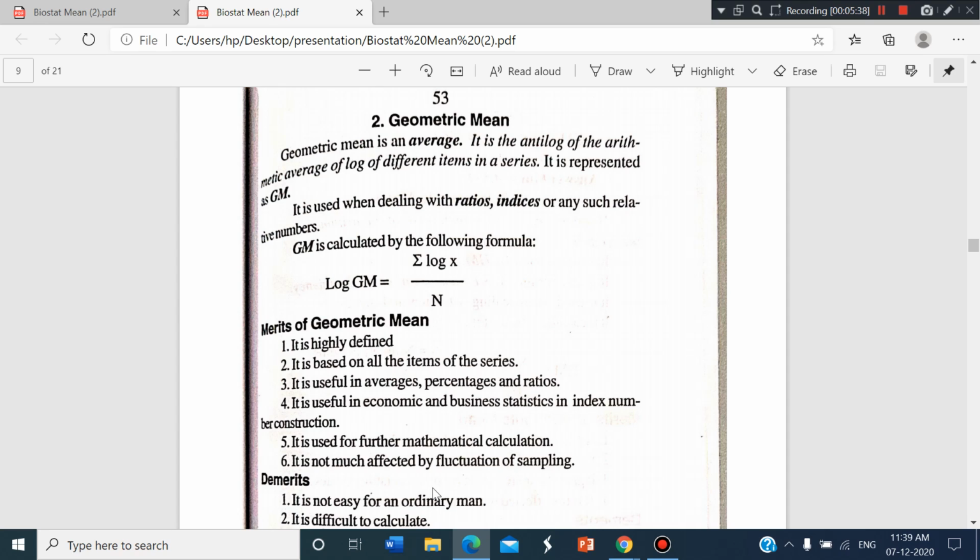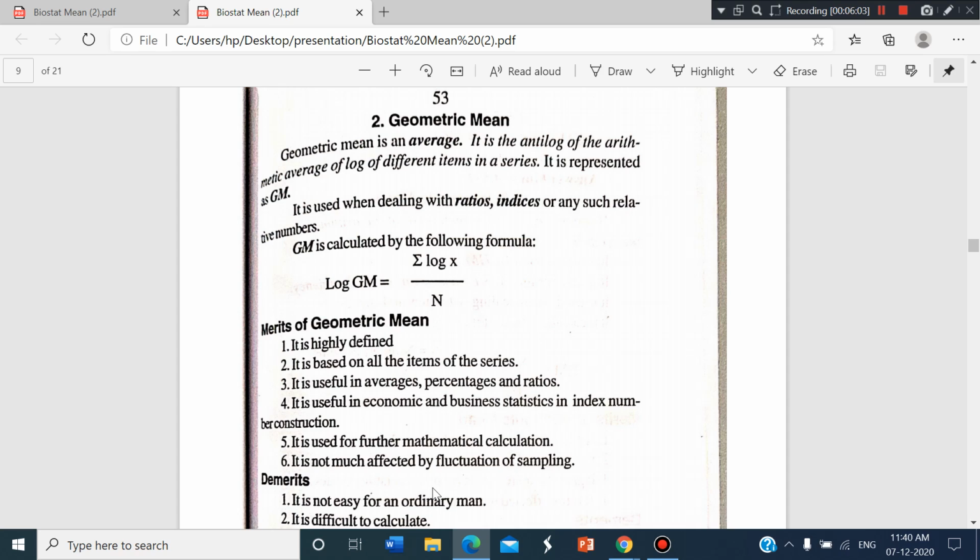It is represented as GM, or geometric mean. Especially, this geometric mean is used while dealing with ratios, indices, or when you have some relative numbers, then you can think about the geometric mean.